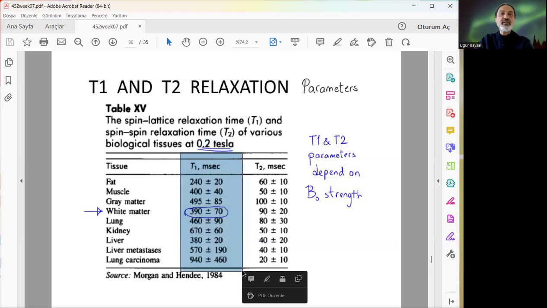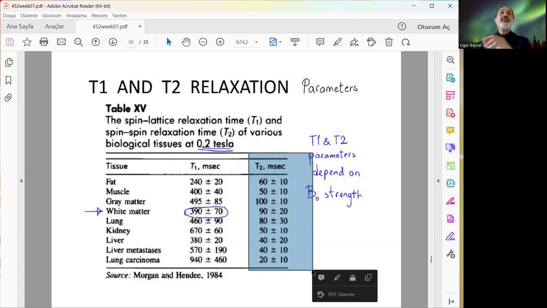Generally, the T1 time constant is much longer than the T2 time constant. Why? Because T2 depends on the surrounding molecular structure, so it is much more affected by surrounding tissues. That's the reason T2 is much lower. So T2, or transverse plane relaxation, becomes zero in a very short time compared to T1 relaxation.